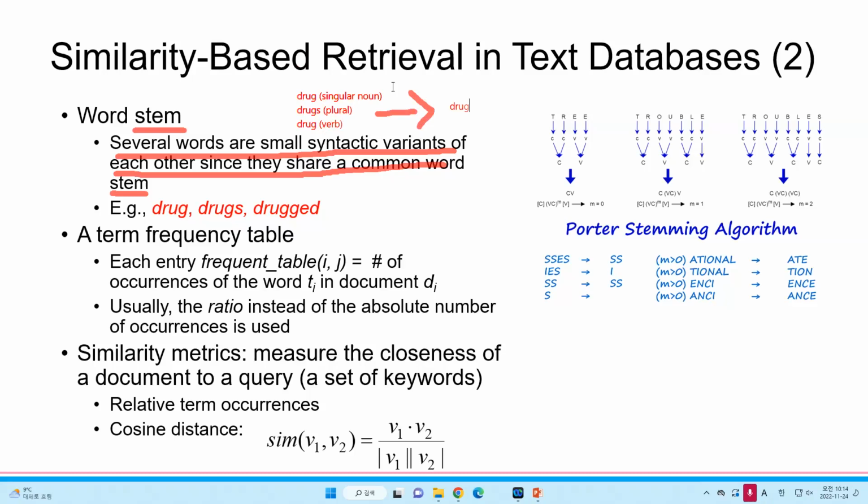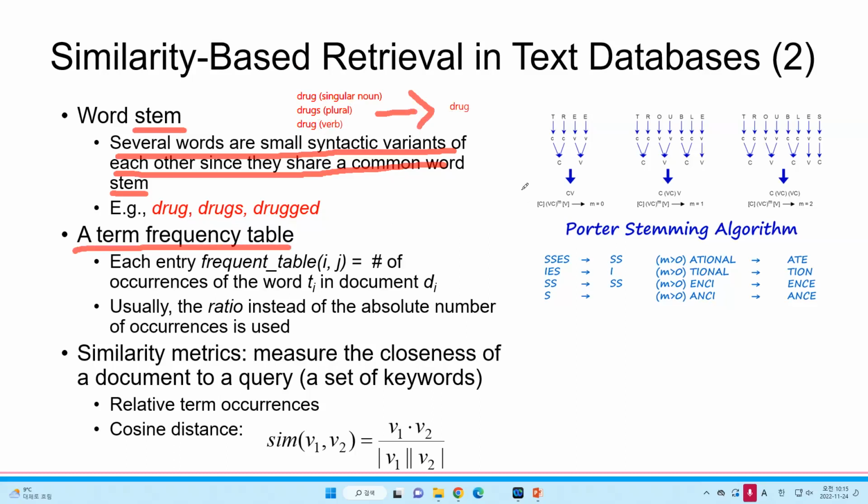But the original word is mokta. So in English, we also have that kind of words. You can have drug, you can have drugs, you can have drug as a verb, but for all of them we have one word for the word stem, which is drug. So we can make a kind of term frequency table.